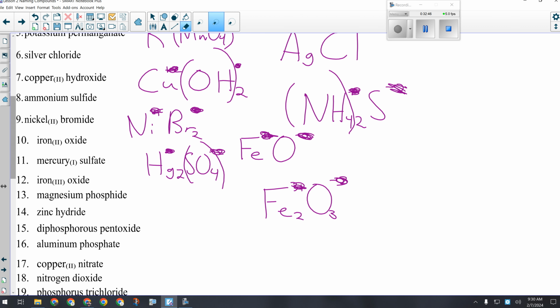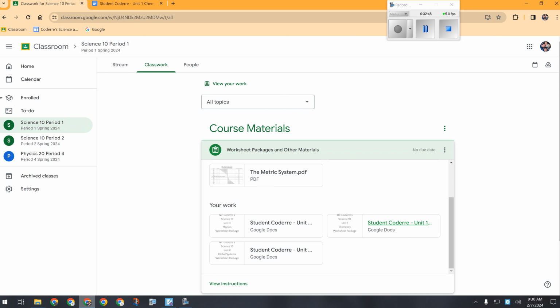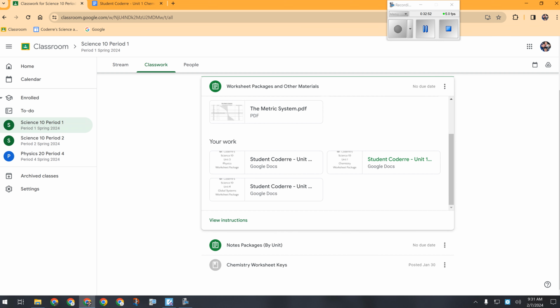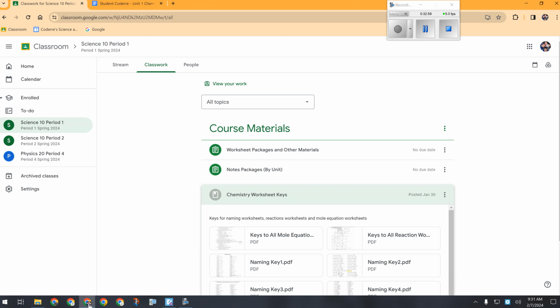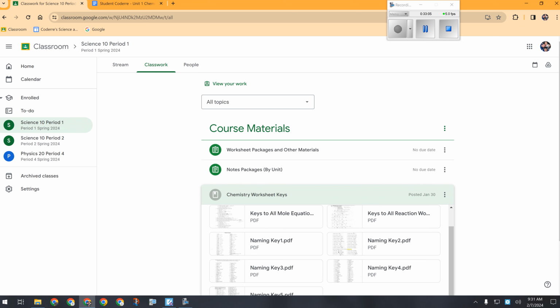In Google Classroom, in the same place where you can find this, you will also find under course materials all the worksheet keys for chemistry. If you click on that, there's reactions ones, you don't need those, but here's all the naming ones. Naming key 1, naming key 2, 3, 4, and 5. So you can always do some and then check your answers.